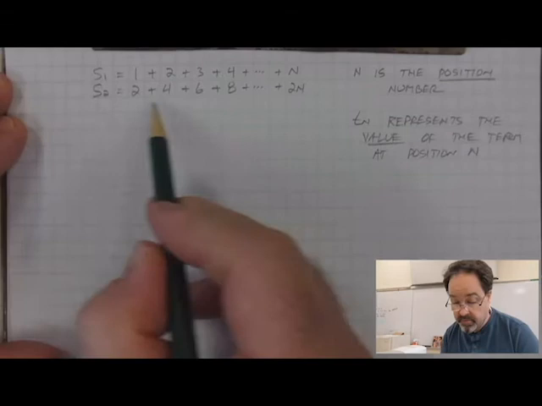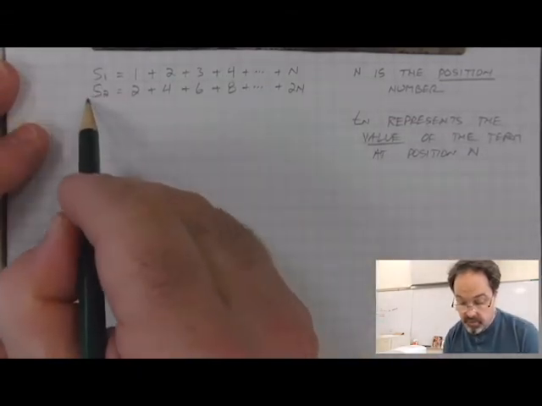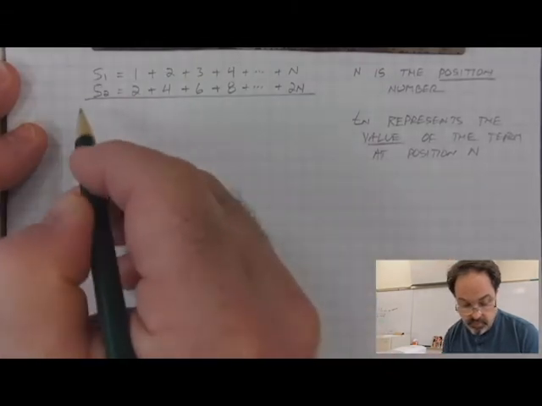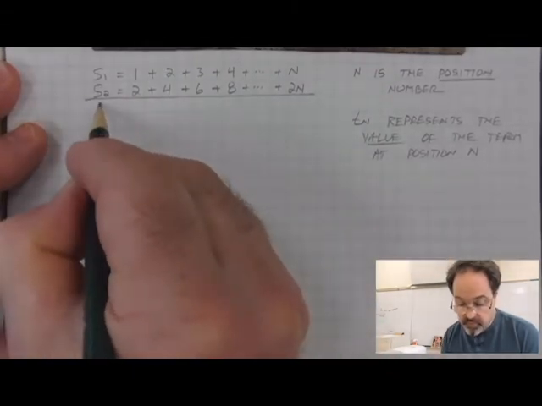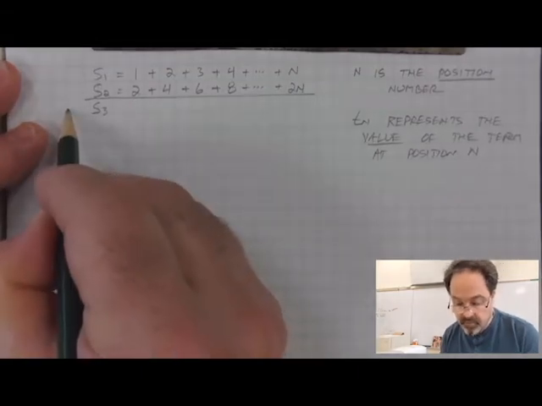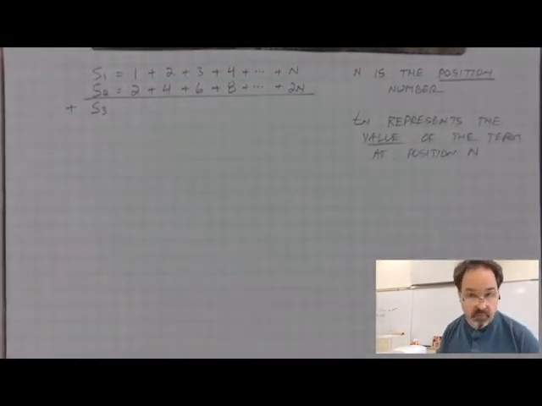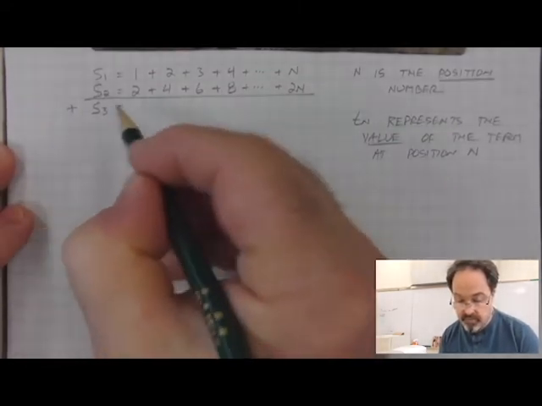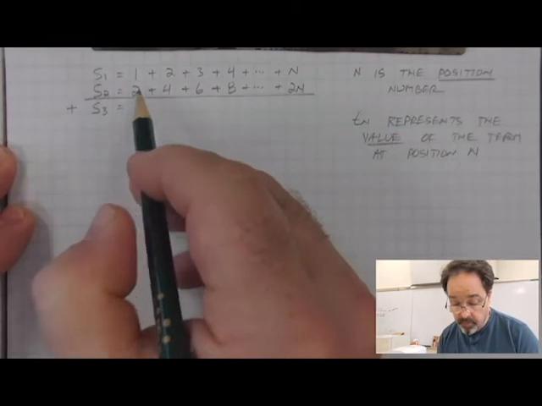We have two series defined, and we're going to do something to produce a third series that we're going to call S sub 3. We're going to produce S sub 3 by adding the two series, S sub 1 and S sub 2. We can see what happens to each term number.